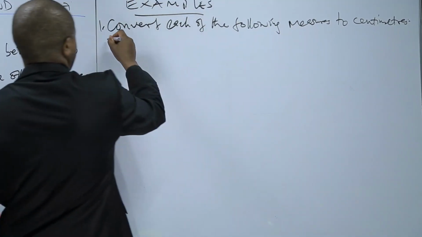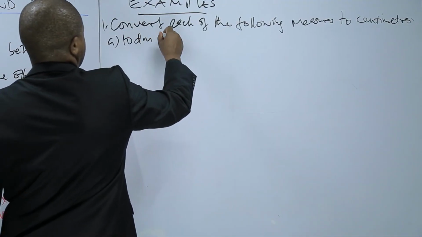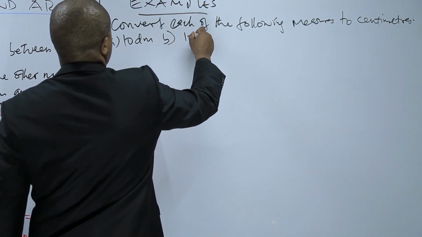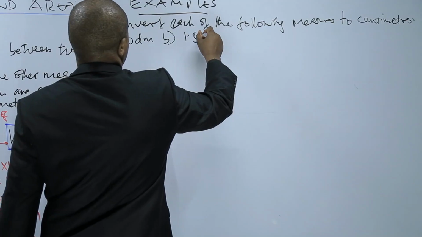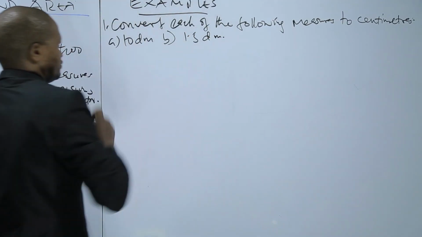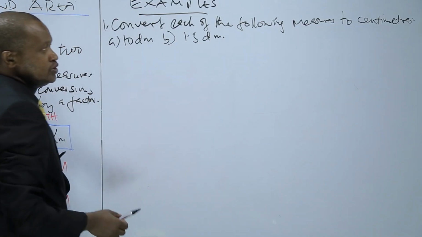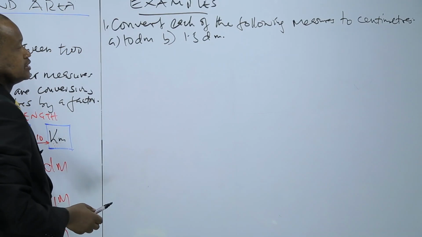The first one, A, we have 10 decimeters. B, 1.5 decimeters. Convert these two into centimeters.